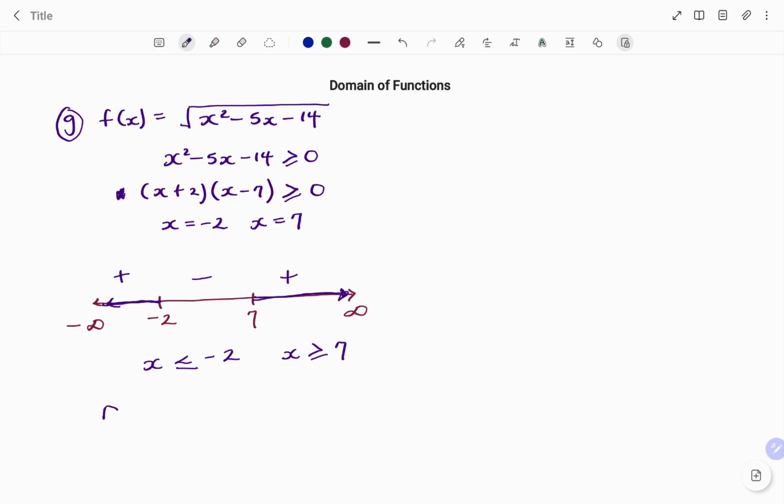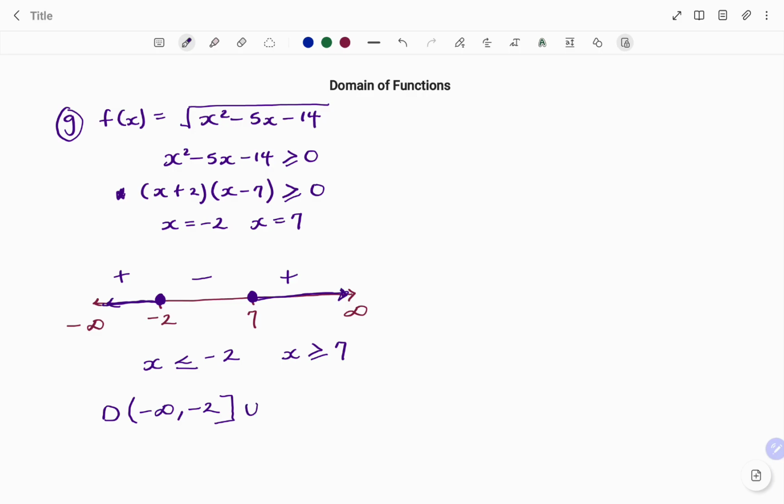The domain in interval notation will be values from negative infinity. Note that I'm going to put a closed circle on my negative 2 and 7 because they're both included. If they're not included, it will be an open circle. So I have values from negative infinity to negative 2. And because 2 is included, I'm going to have a square bracket.